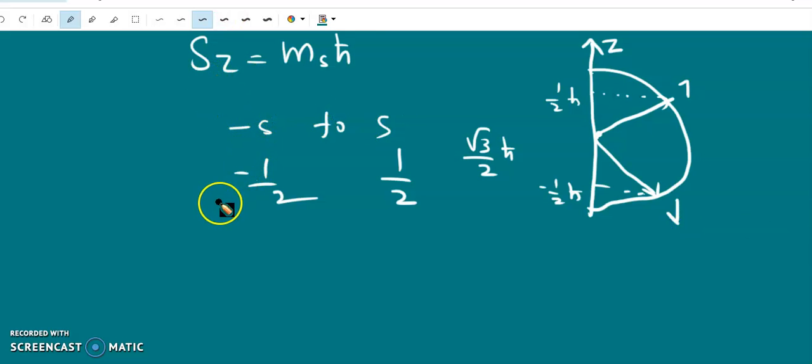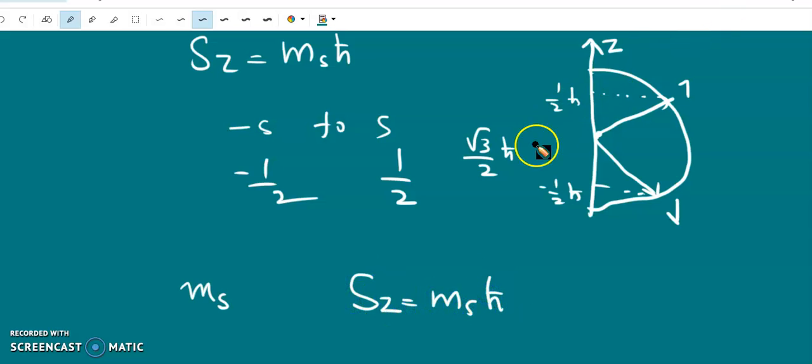So ms, the spin magnetic quantum number, specifies the quantization of direction of the spin angular momentum according to the expression Sz is equal to ms times h-cross.